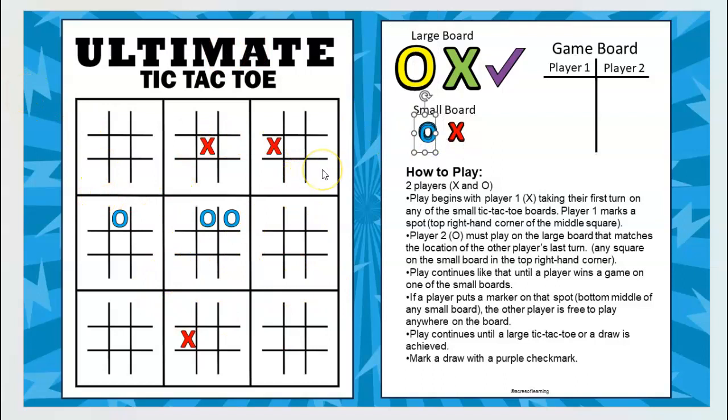I think that would make the game go a little faster, so if you're limited on time, that might help. And I think there's also a level of challenge playing that way. But I also think there's a level of challenge when both players are forced to play on a particular board. So that's the rules on how you play Ultimate Tic-Tac-Toe.